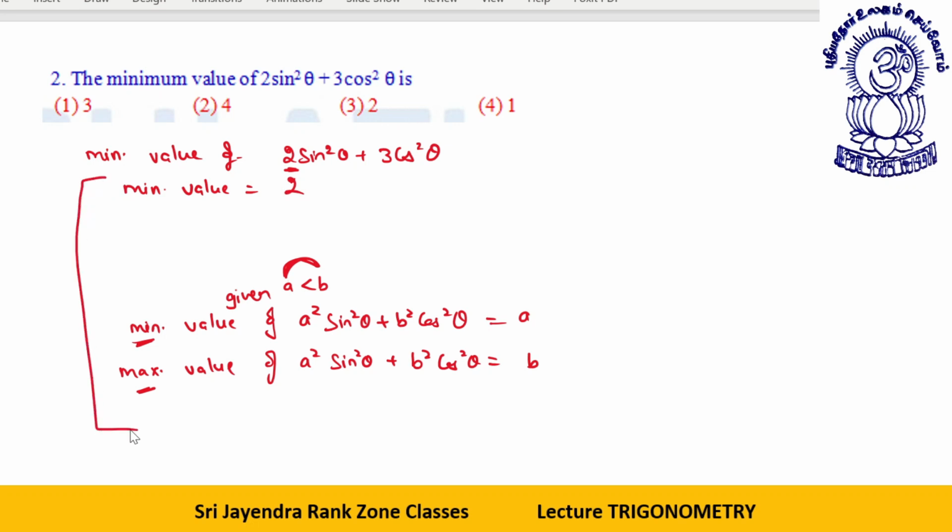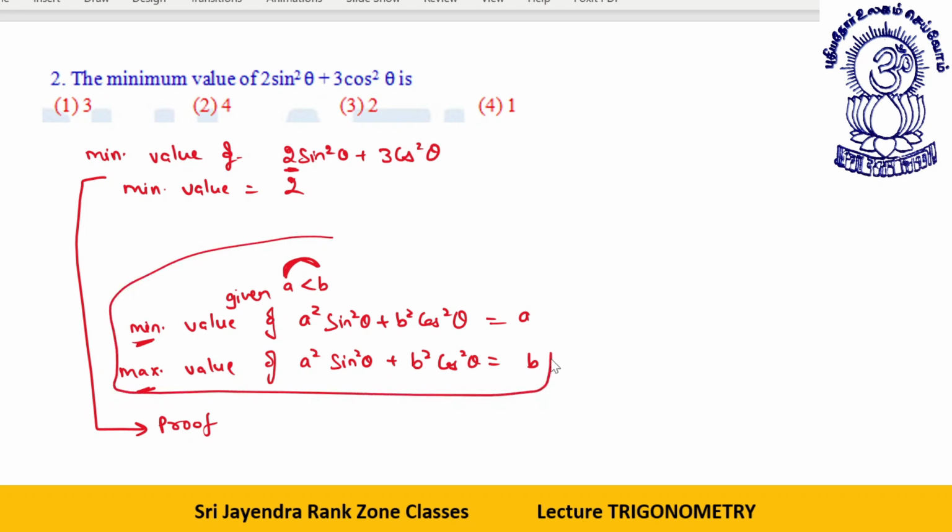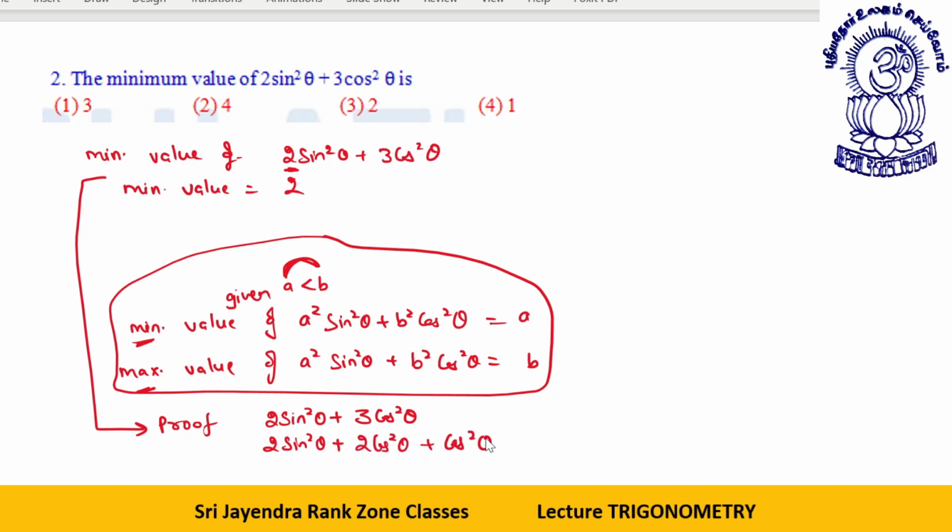Here I give you the proof. You have 2 sine square theta plus 3 cos square theta. You can write it as 2 sine square theta plus 2 cos square theta plus cos square theta, or 2 into sine square plus cos square, plus cos square theta, that is 2 plus cos square theta.